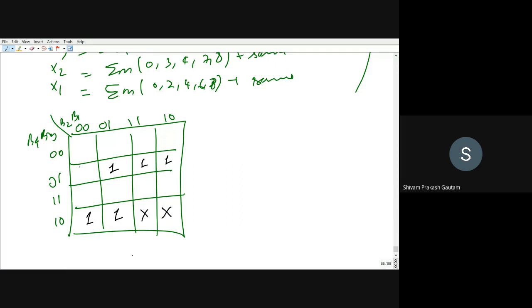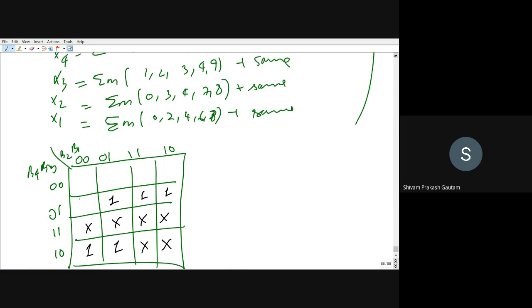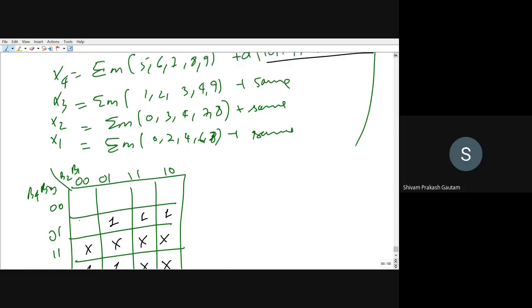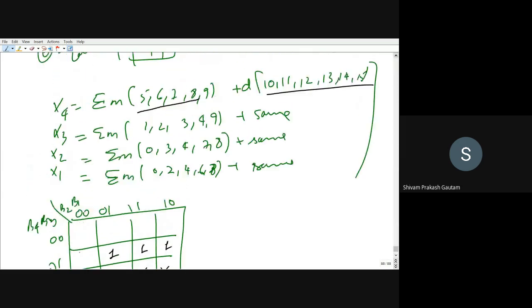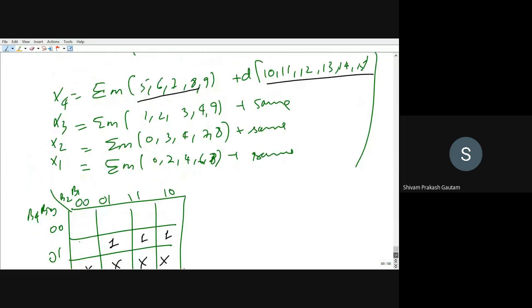Have you understood this or not? Yes, sir. Okay. So you can see the min terms are 5, 6, 7, 8, 9, where I have put 1. And for don't care I have put a cross, right? So 10, 11, 12, 13, 14, 15.